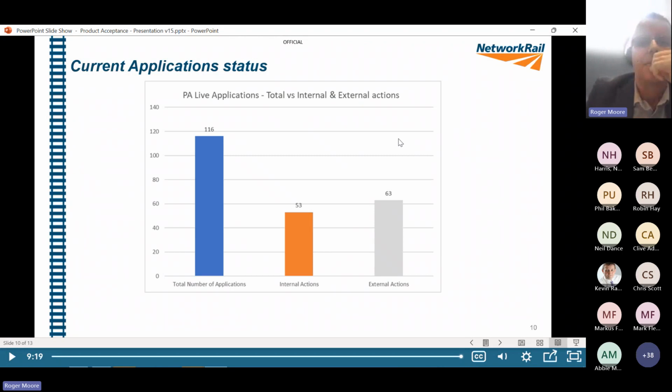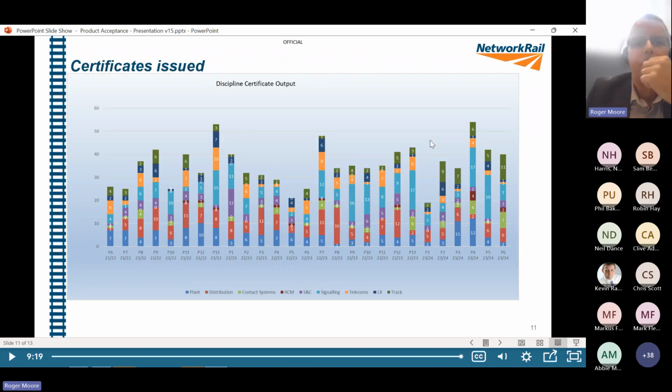And this gives you an idea of the actions of all those 116 that are live at the moment. Currently, there are 53 actions internally and 63 actions externally. And this gives an overview of how many certificates we issue per period by engineering asset area.